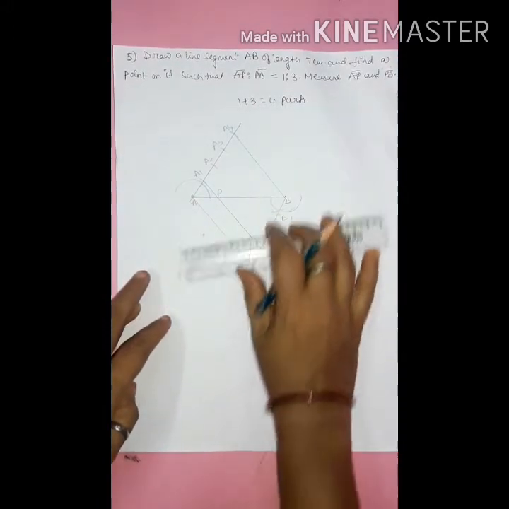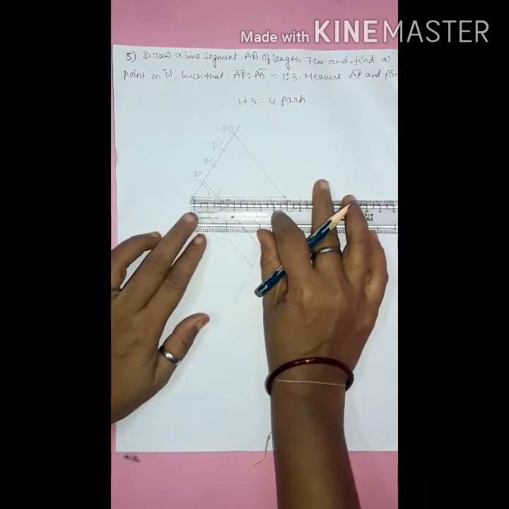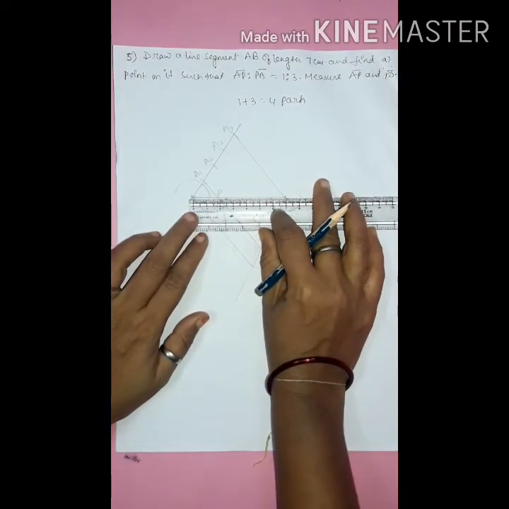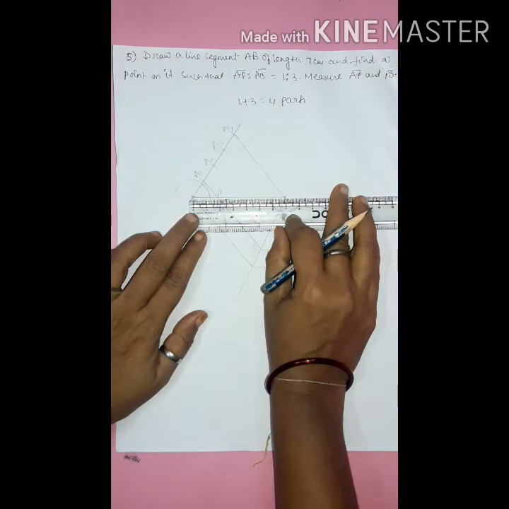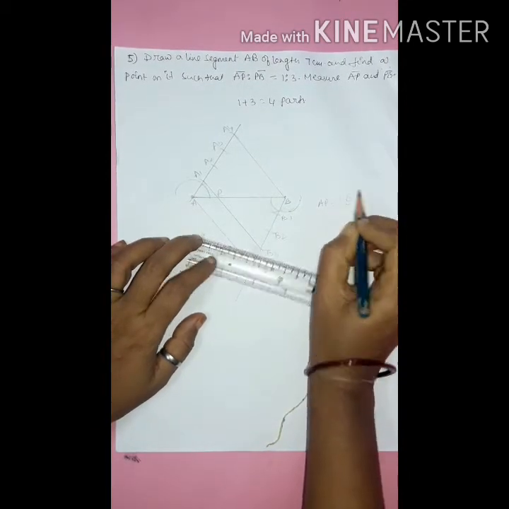Measure here, 7 cm. Measure AP. What did you get here? AP is equal to 1.8.